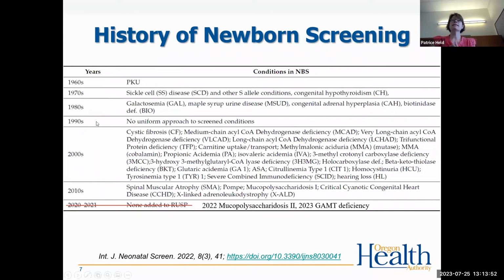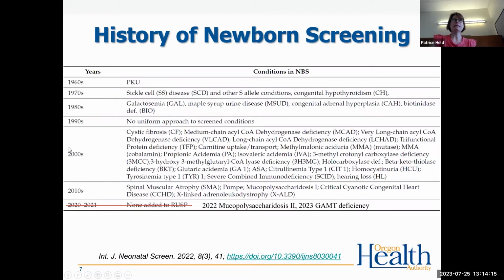And then in the 80s, an additional set of diseases were added: galactosemia, maple syrup urine disease, congenital adrenal hyperplasia, and biotinidase deficiency. Really, these 7 disorders maintained newborn screening programs for a long time until the early 2000s.